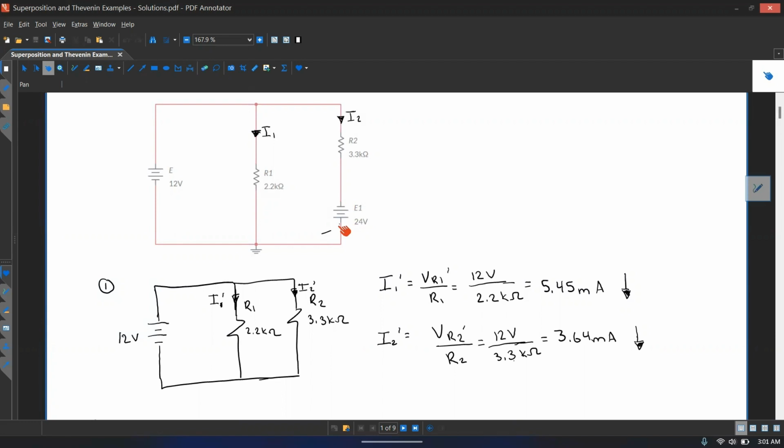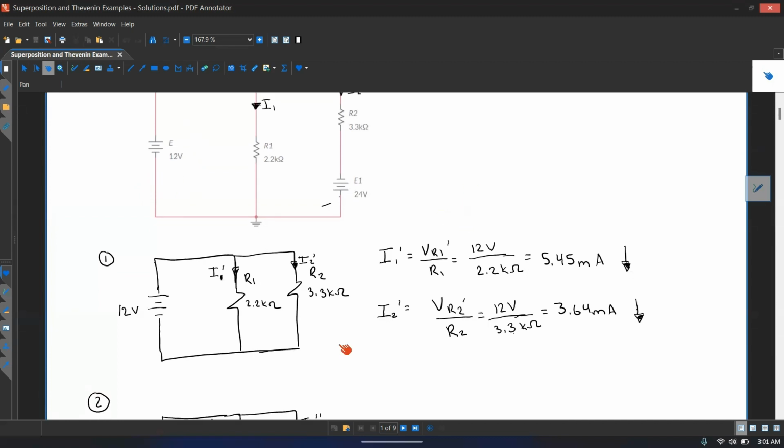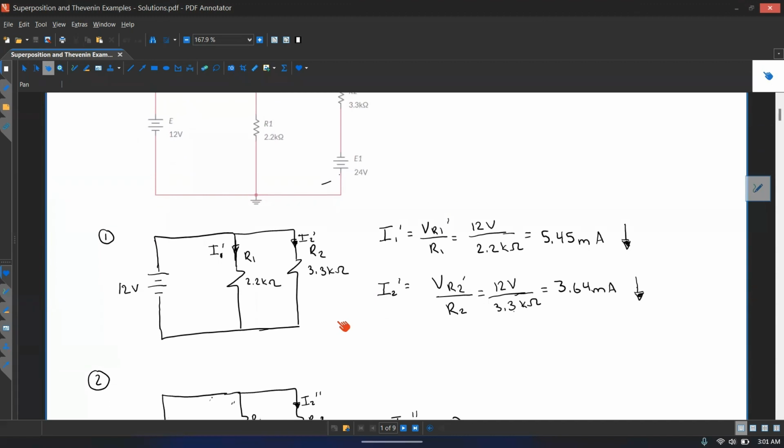All right, so for this particular example, we have two voltage sources. And like I've stated before, I decided to start with analyzing the circuit with just only the voltage source that's on the left side of the circuit. So to start, all you do is just eliminate the voltage source that's on the right side, replace it with a short.